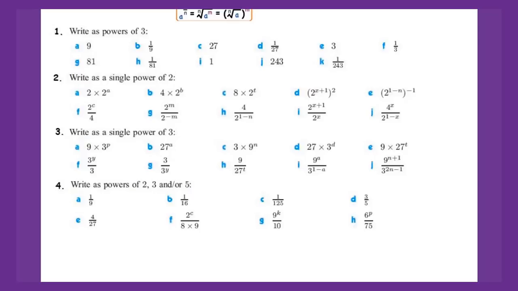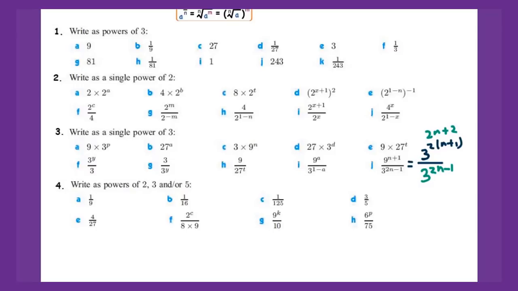For the J part, you can get 3. Then you have to do the distributive property. So you got 2n plus 2. Then you divide it by 3 to the 2n minus 1.